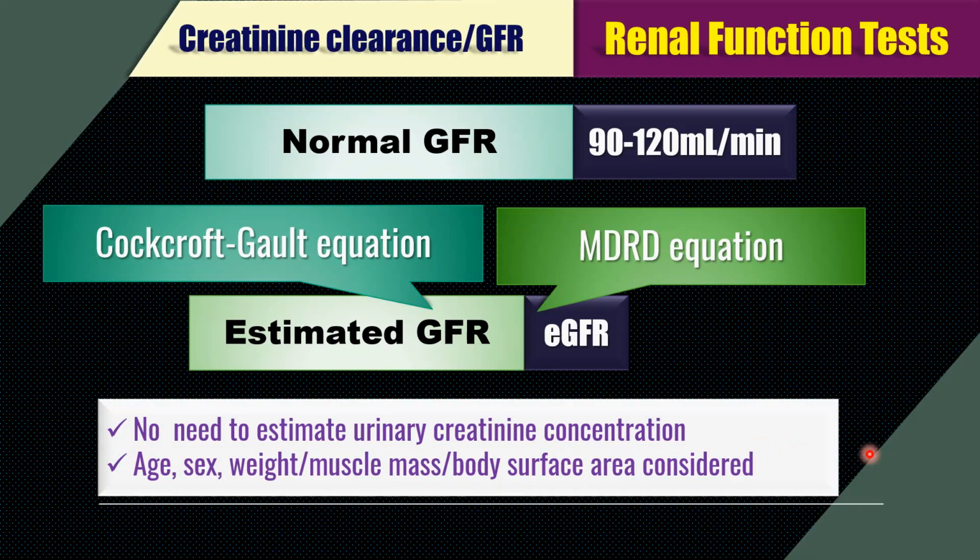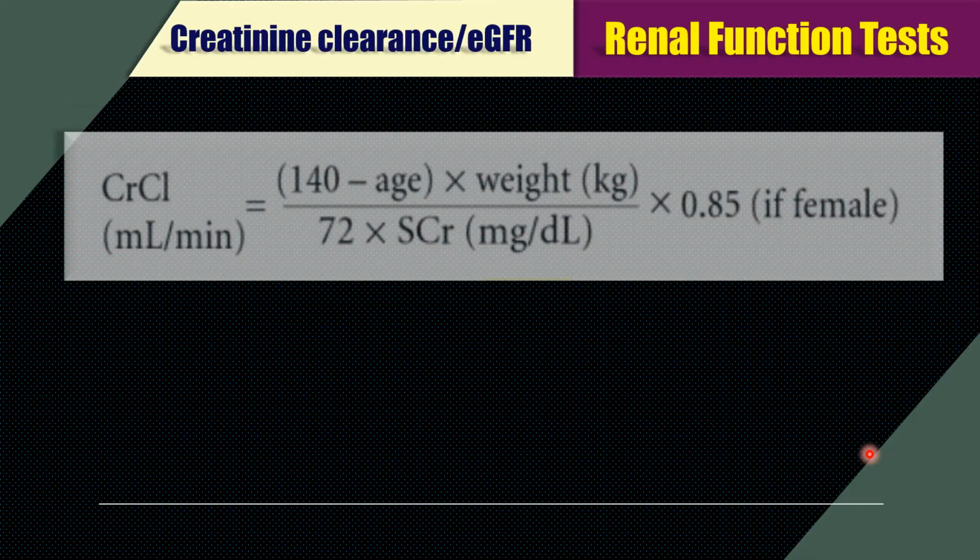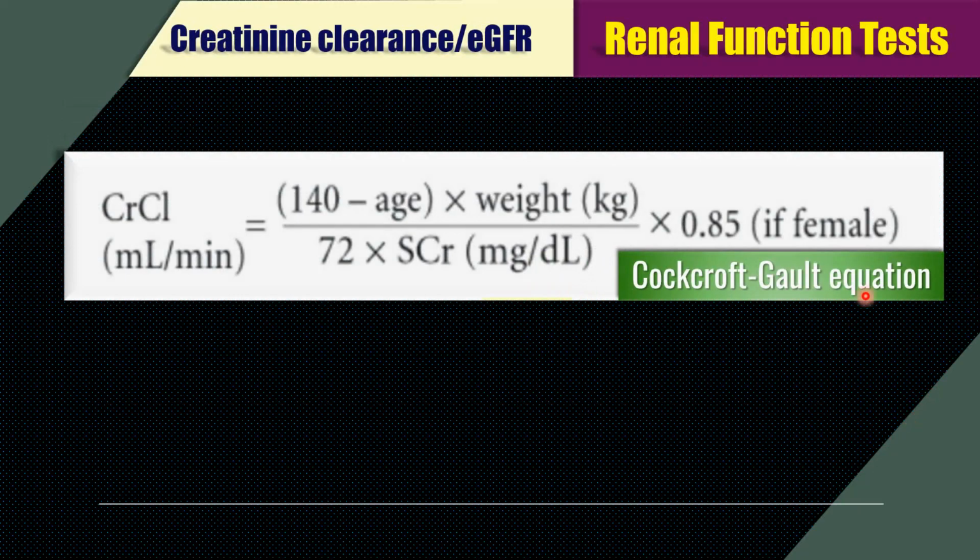calculate GFR. The two formulas are, one is the Cockcroft-Gault equation. Here we have taken into account age, body weight and serum creatinine. There is no urinary creatinine estimation here. This formula is for male.